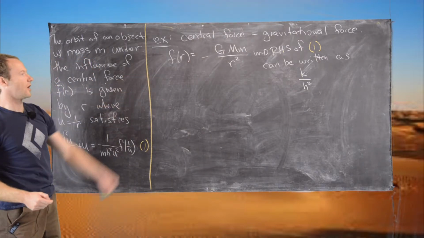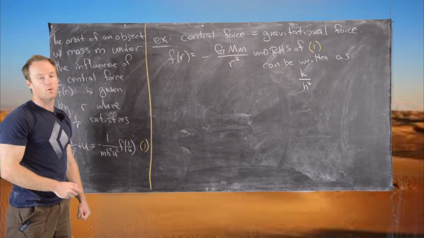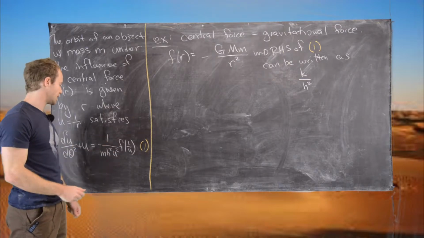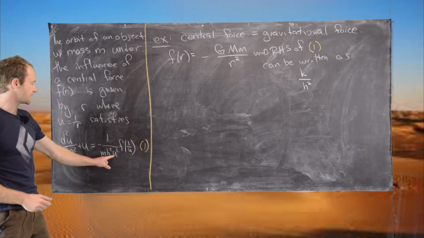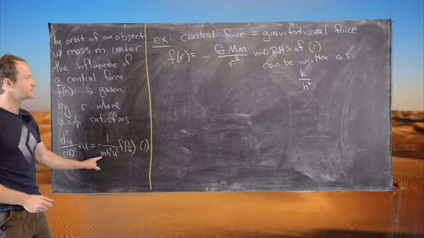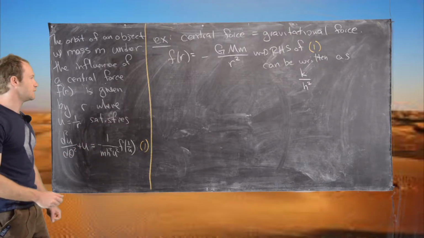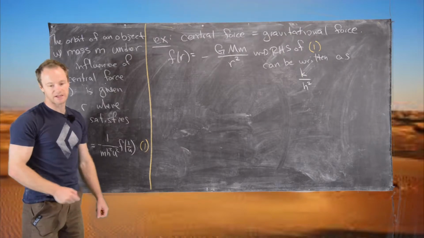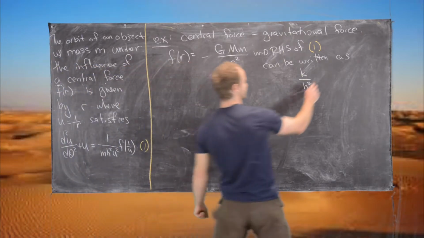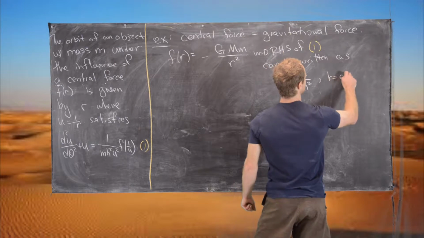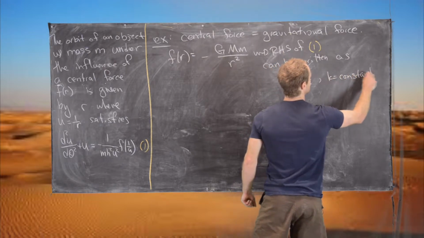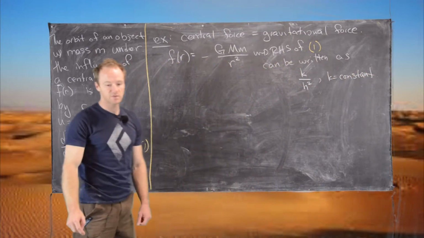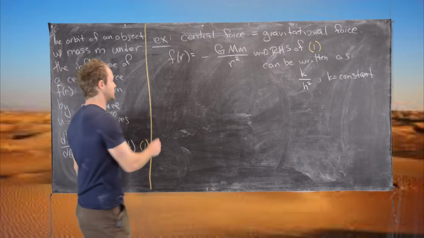Notice r squared is really 1 over u squared, so that puts the u squared up in the numerator, and that's going to cancel this, and then the little m's cancel, and then we can combine the capital G and the capital M into a constant k. So I'll just say here k is equal to some constant.